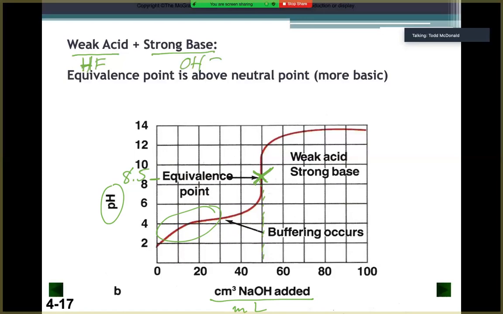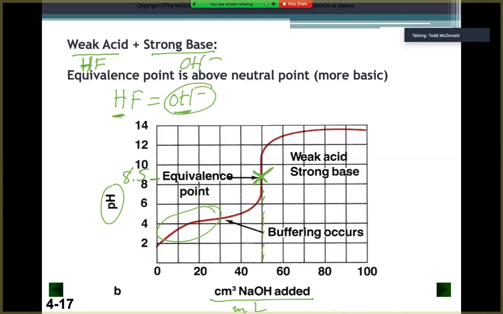When that occurs, that means when you actually have exact numbers of HF exactly equal to the OH minus ions, because really what we're talking about is balancing the H's with the OH's. When those two are equal to each other, we've got a lot of OH's still floating around in the beaker.